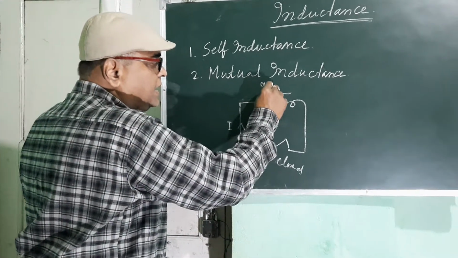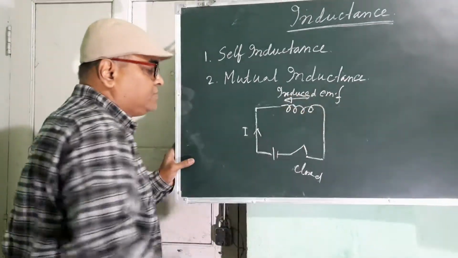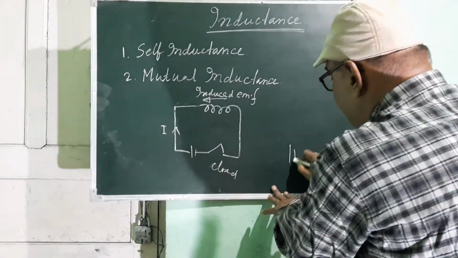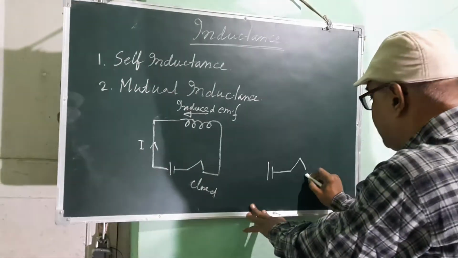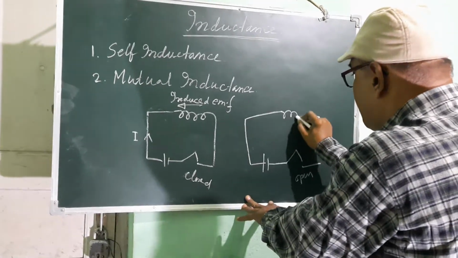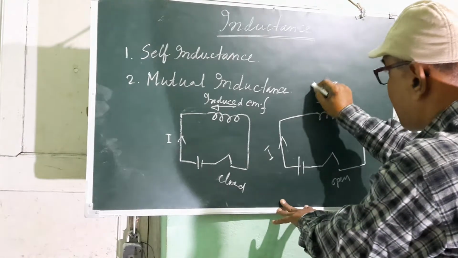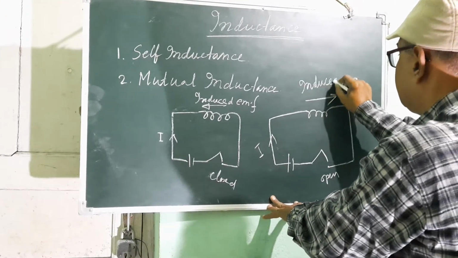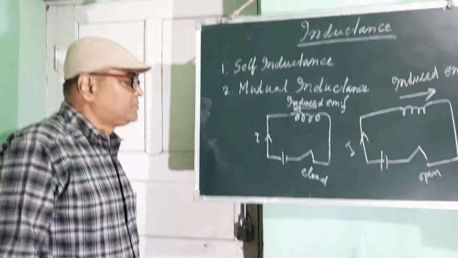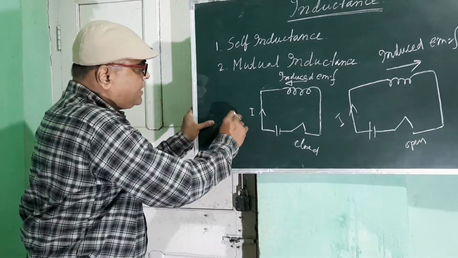Similarly, when the key is closed, the induced EMF is opposite to the direction of the battery current.